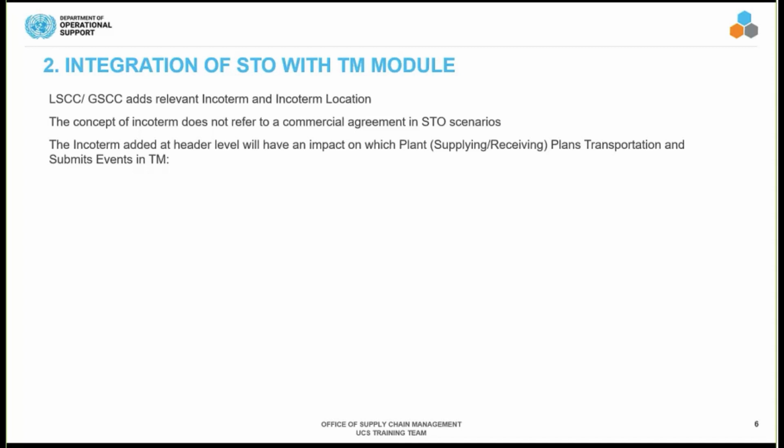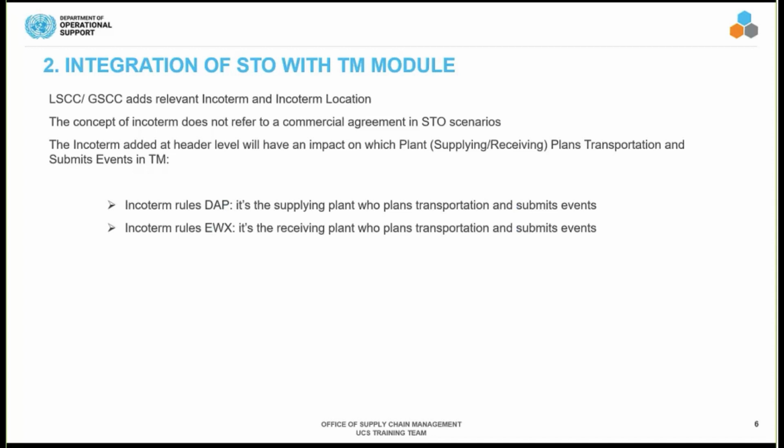The Incoterm added at the header level will have an impact on what plant plans the transportation and will submit the event in TM. For example, when we select Incoterm rules DAP, it is the supplying plant who plans for the transportation. If we select Incoterm rules EXWorks, it will be the receiving plant who plans for the transportation.